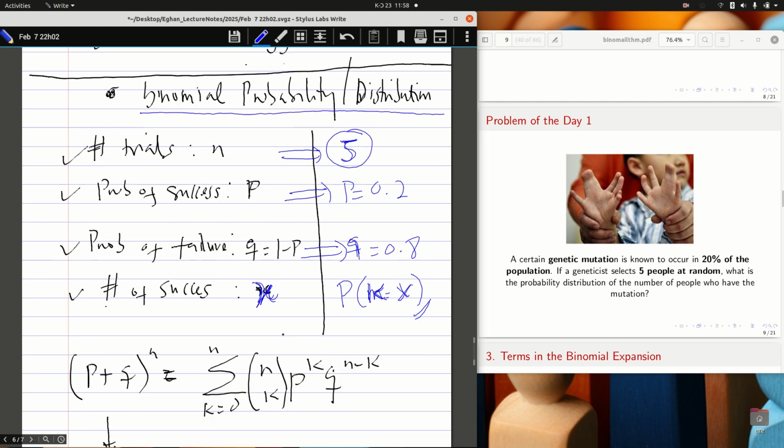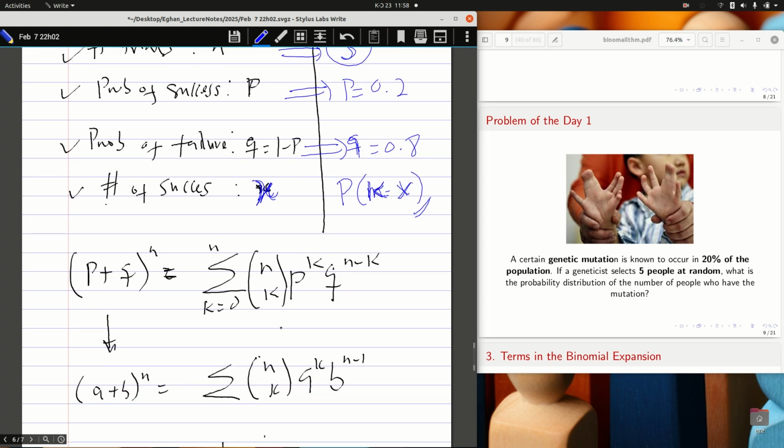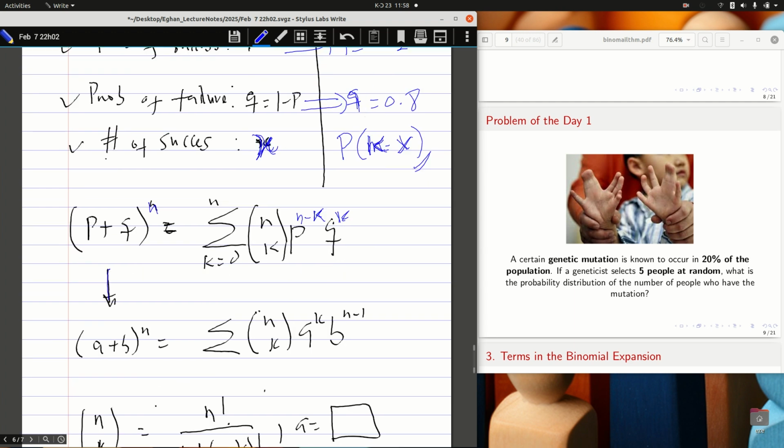And so this is how we are going to apply the binomial theorem. We know (p plus q) to the power n is given as the sum of n choose k, p to the k, q to the n minus k. I love it this way. This is the same as saying (a plus b) to the power n, so my a is p, my b is q. You can use this if you think p and q might be confusing.